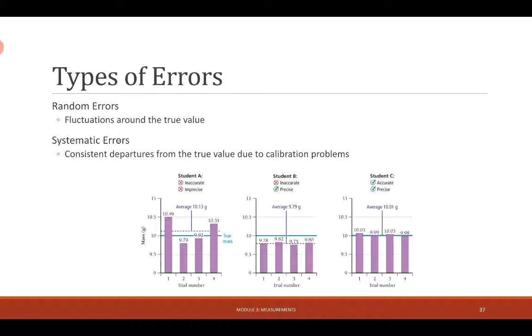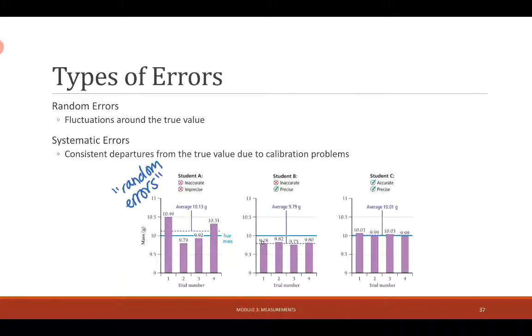Random errors are going to be some above, some below, like student A. So student A had random errors. A lot of times random errors indicate a problem in the technique being used, like the student is not being super careful about each trial, because really you shouldn't have almost a milliliter or gram difference between the values.